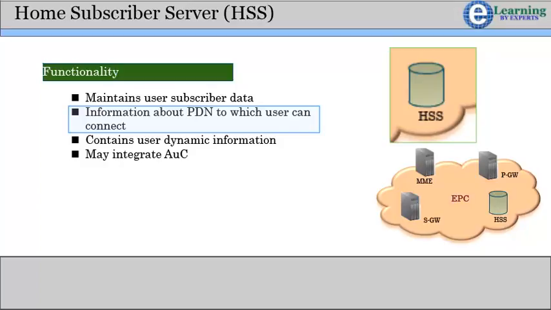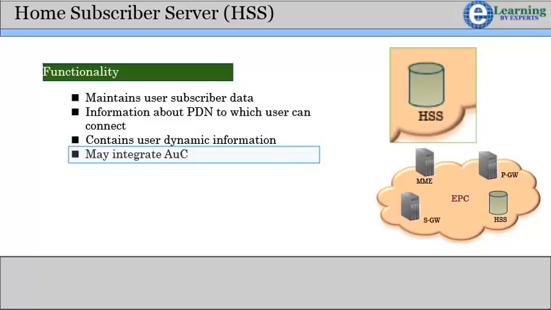In addition, the HSS holds dynamic information such as the identity of the MME to which the user is currently attached or registered. The HSS may also integrate the Authentication Center, AUC, which generates the vectors for authentication and security keys.